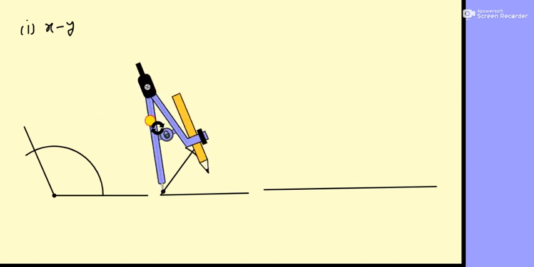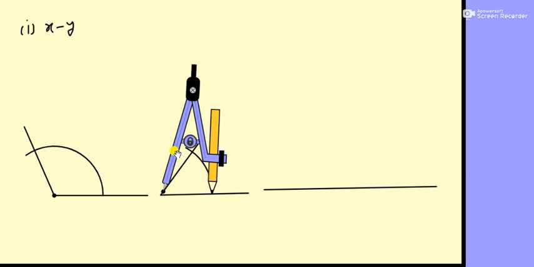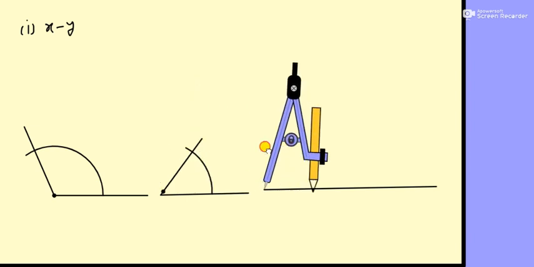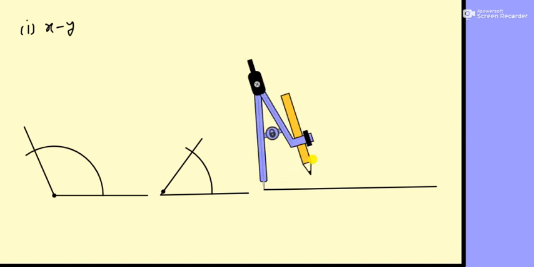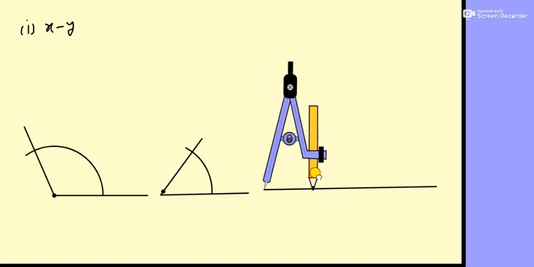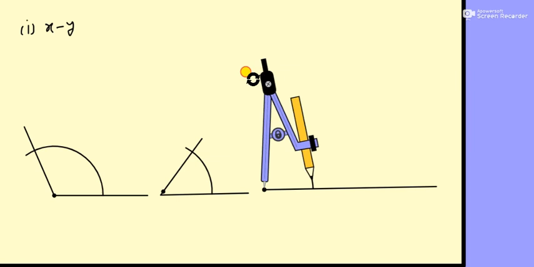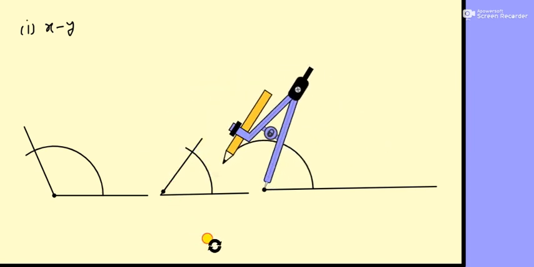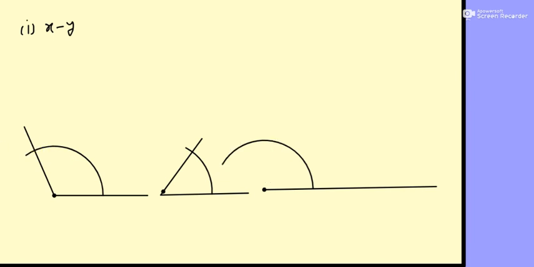So you can draw the same distance arc from here, and this arc is from here also. Now you can make this type of arc. Yes, it is very simple. Now remove the roundel and write the length. It is your x angle, that is the obtuse angle, and it is y, it is your acute angle.